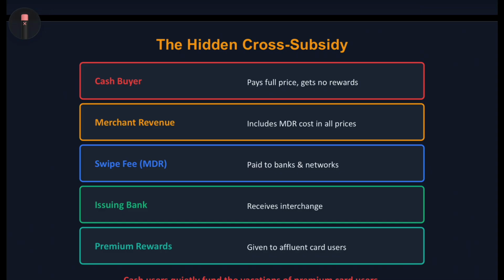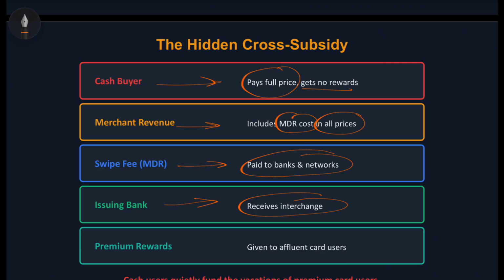So what happens is the cash buyer is actually paying the full price and gets absolutely no reward. Merchant revenue includes the MDR cost at all prices, right? So the MDR transaction cost is not actually hurting him that much, right? Then the swipe fee is paid to banks and the networks.